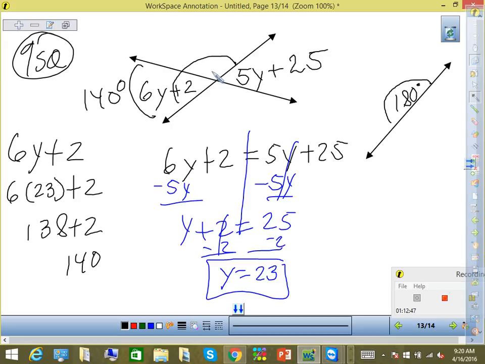Is that correct? But this angle is cut because of this line. So if this angle is 140, how much is this angle? According to the calculations, it should be 40 degrees.